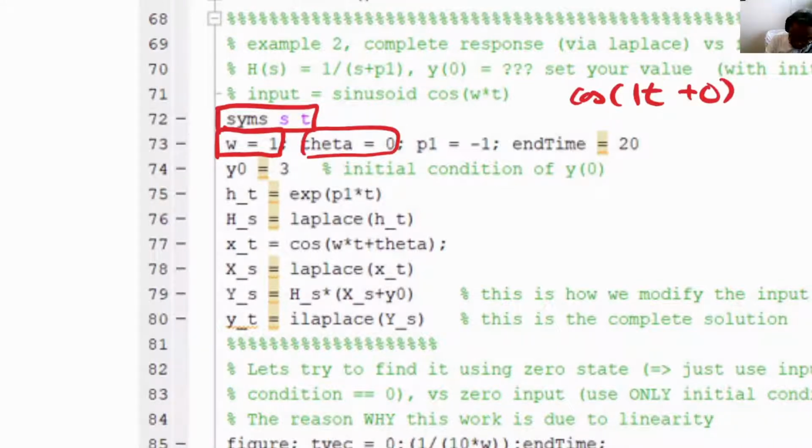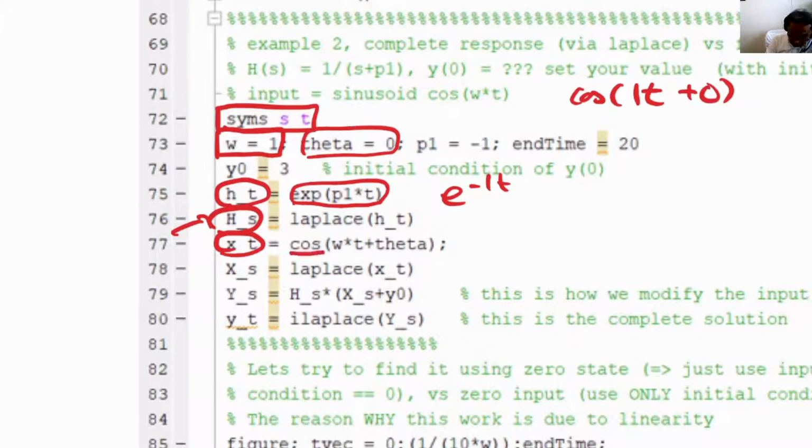We first take the Laplace transform of e to the minus 1t for the impulse response to get H(s). We define what x(t) is in time, and we take the Laplace transform of x(t) to get X(s), and therefore now we get H(s) times X(s).